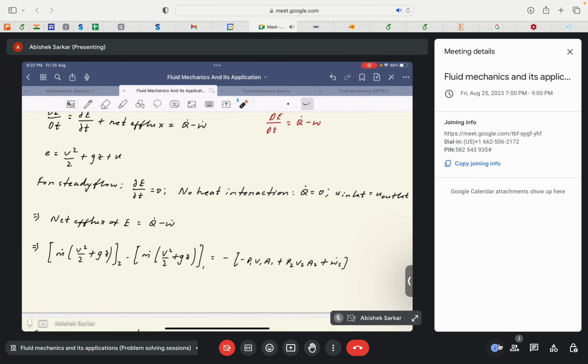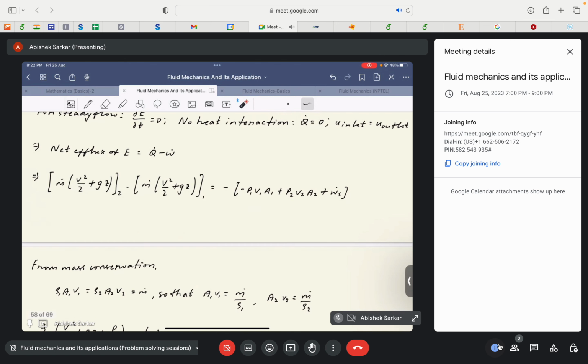The equation then modifies so that the net efflux of energy is equal to the net heat interaction minus the net work interaction, or basically the heat supplied to the system minus the work done by the system. Keeping that in mind, the net efflux of energy is given by the energy flux at the exit minus the net flux of energy at the inlet.